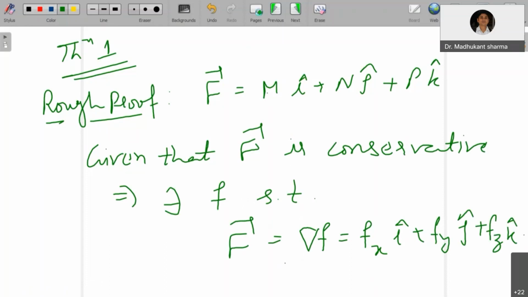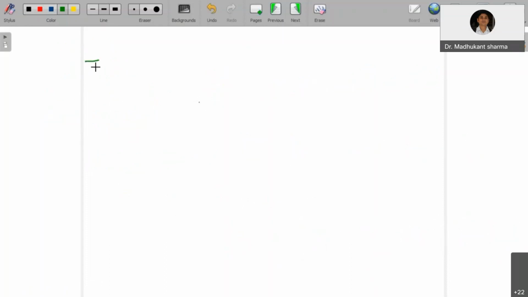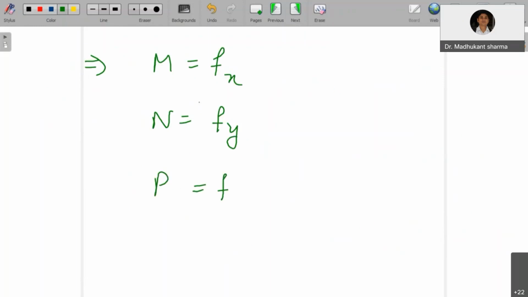So from this and this, M must equal f_x, N must equal f_y, and P must equal f_z.